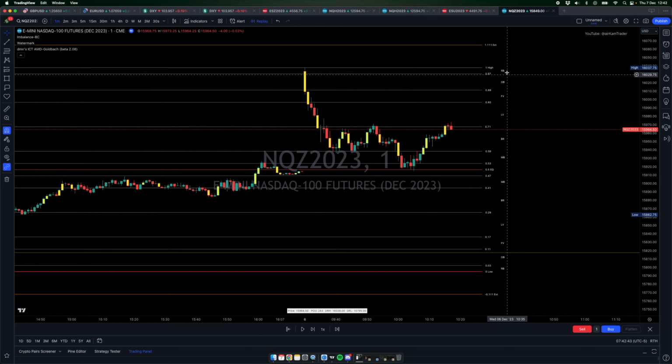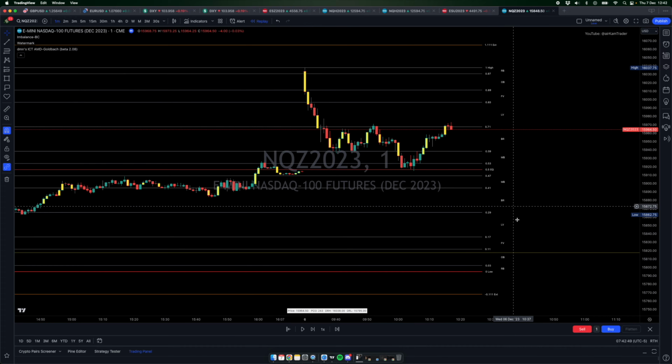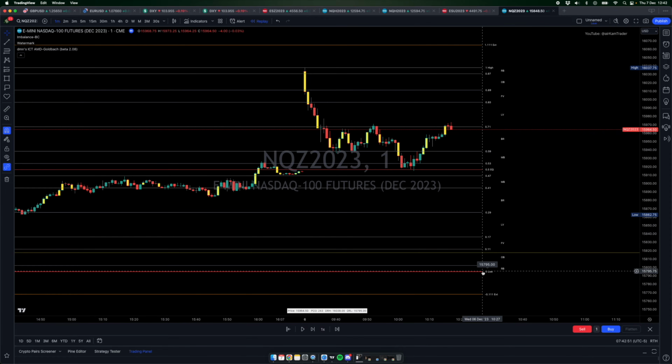The dealing range high is at this level. So these are exact prices, the high and the low. And the PDA arrays will form between these levels. So the rejection block will form here, order block will form here, fair value gap, liquidity void, breaker block, mitigation block, equilibrium, and then we reverse all the way back. So you have the bearish order block here, and you have the rejection block here.